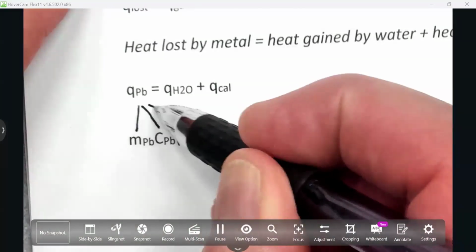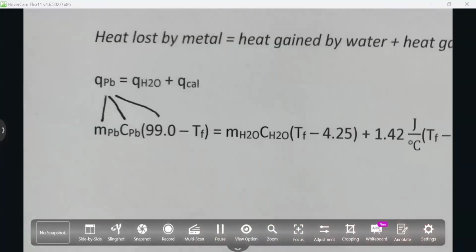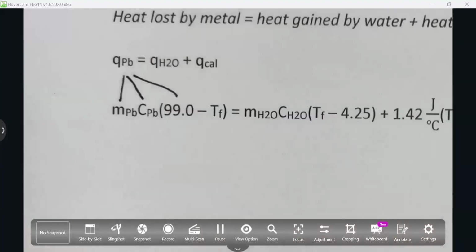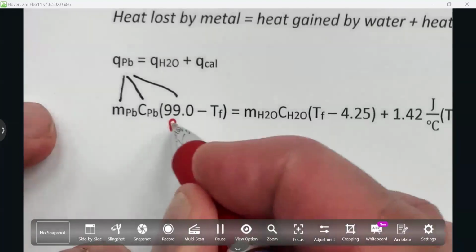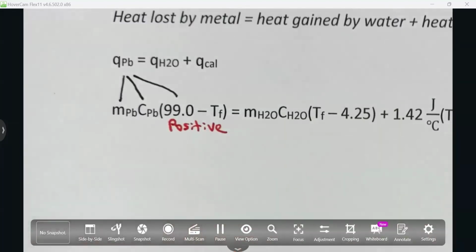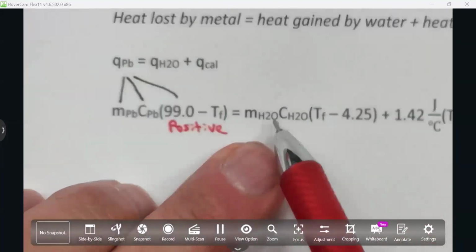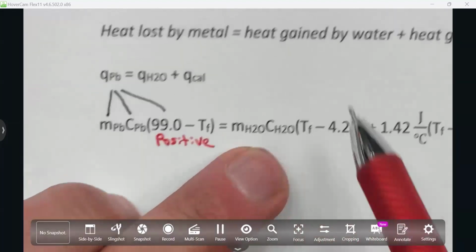So obviously this should be my mass of lead, specific heat of lead, change in temperature of my lead. Now notice I type this first in. This is going to end up being positive, right? Because I know that's going to go down in temperature. Then I have my mass of water, specific heat of water.